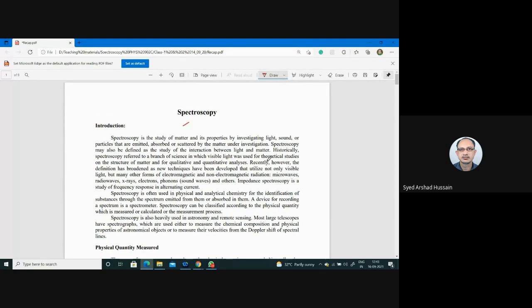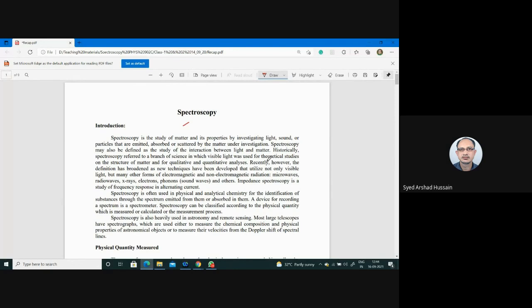That means if you have two materials A and B, and you allow light to interact with both, the observed spectral lines will have different frequencies or wavelengths.